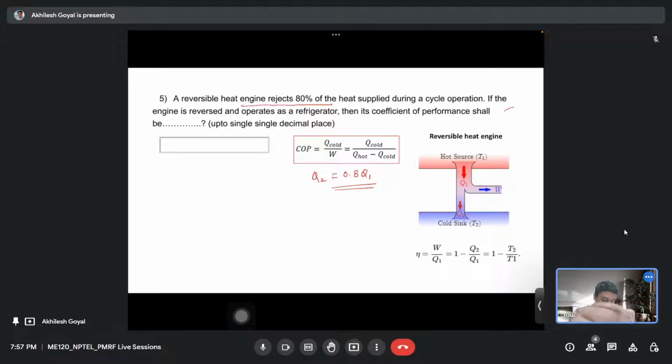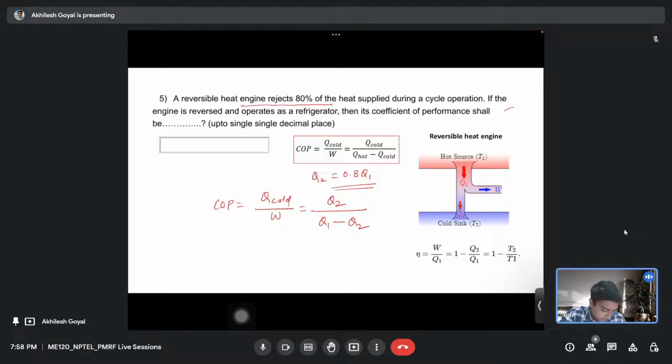To calculate the coefficient of performance, COP is equal to Q cold divided by W, and Q cold is Q2 and W is Q hot minus Q cold. So Q hot is Q1 and Q cold is Q2.